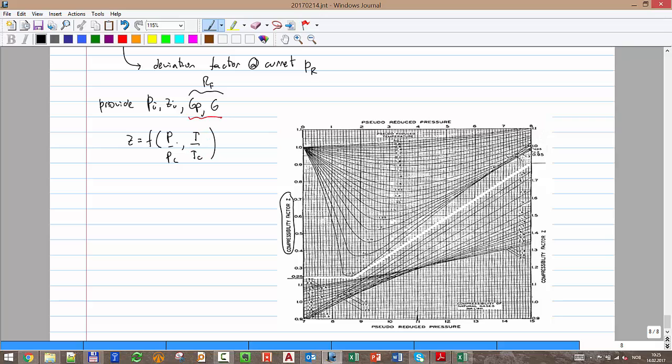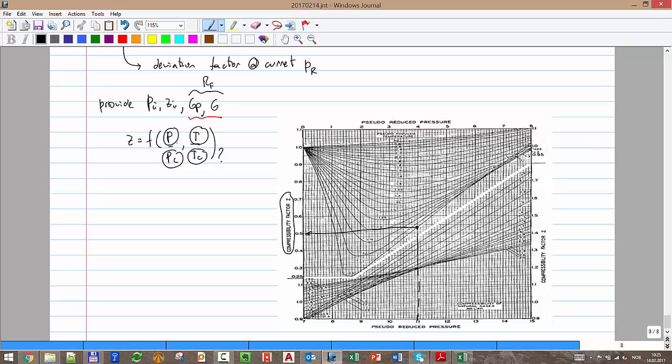So you say which reduced pressure I have, and the pseudo reduced temperature is on top of the line, and then you read what is your deviation factor. Okay, so if I have the pressure and the temperature, something that I need for my calculation.